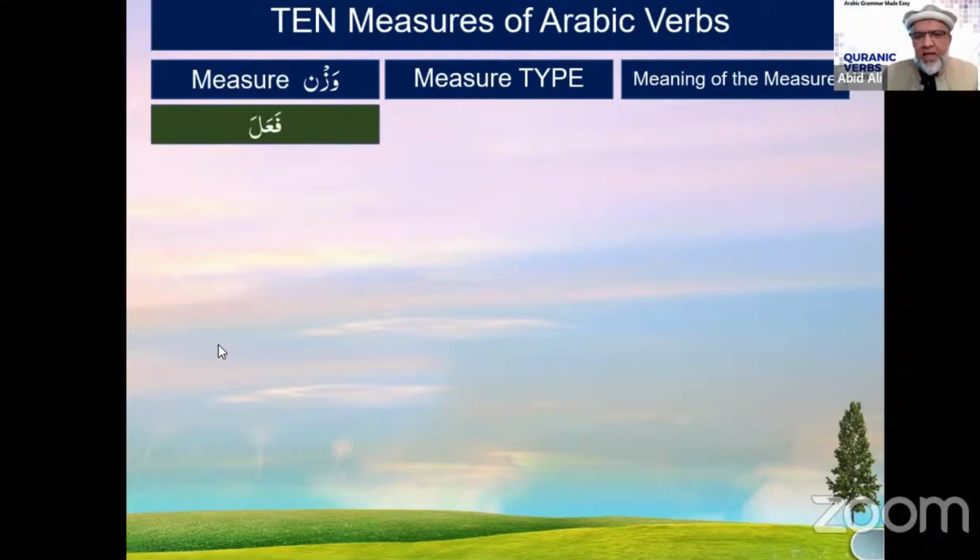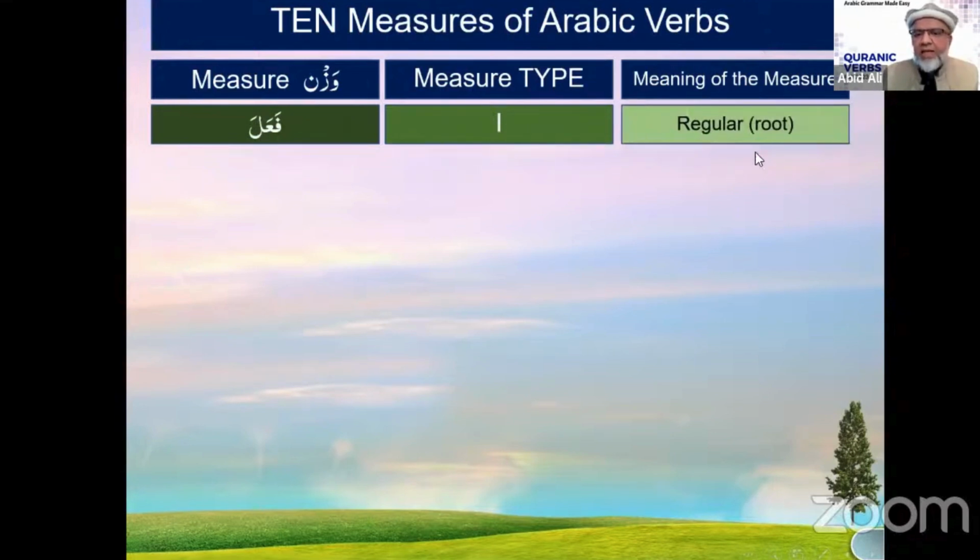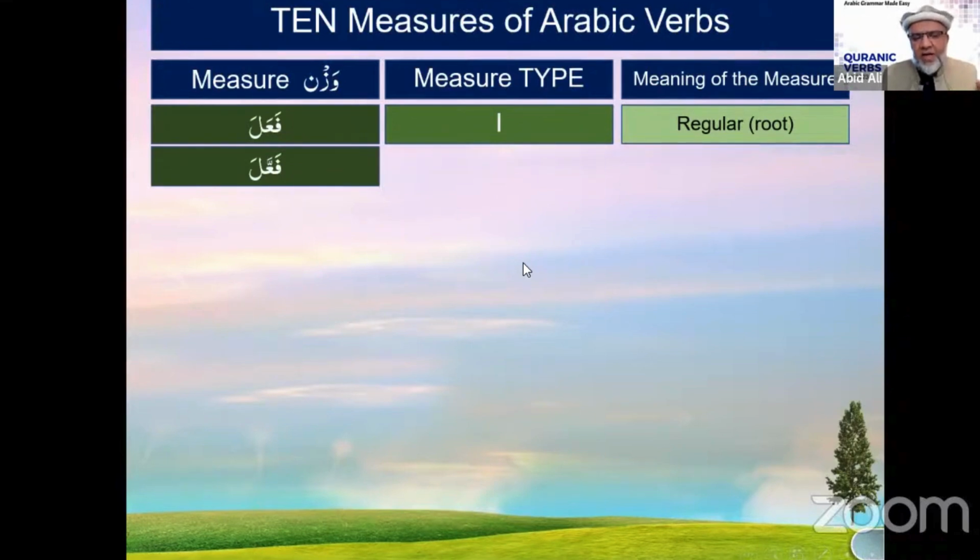It is the measure type number 1. They use Roman numerals to tell me this is number 1, and these are the regular roots. By the way, in this class, we are only learning this fa'ala. In future classes, right after this class, when we finish it and start over, we are going to be looking at this one, fa'ala.